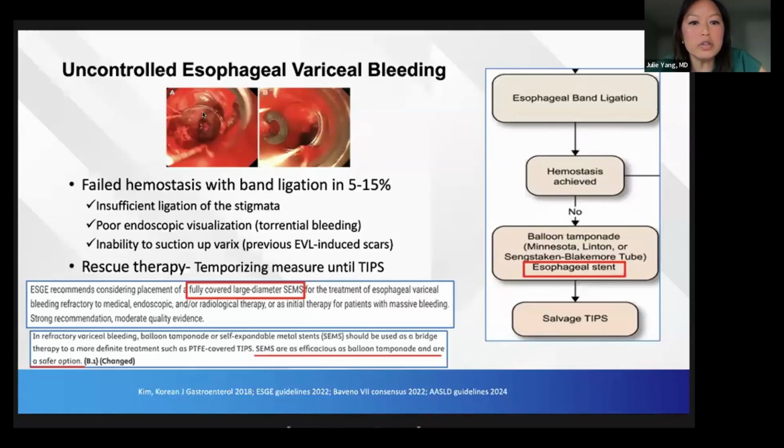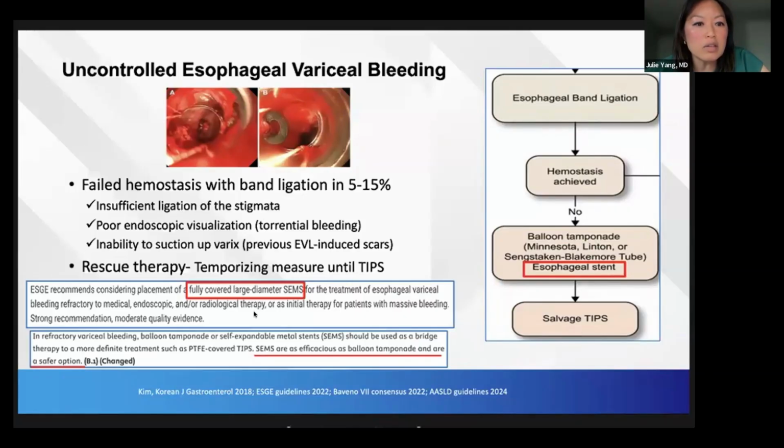And so these are the new guidelines from various organizations. Here on the right is from the AASLD guidelines in 2024. Band ligation, hemostasis not achieved. You've got choices of balloons or esophageal stent. And that buys you time to get to a more definitive TIPS.